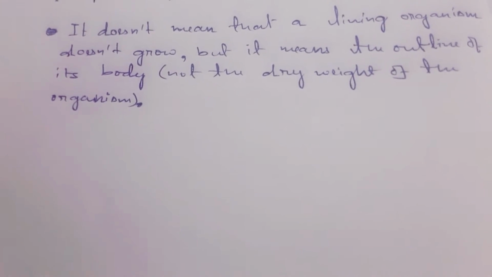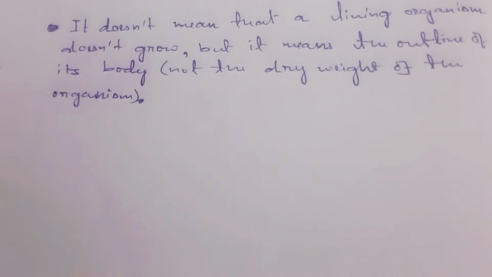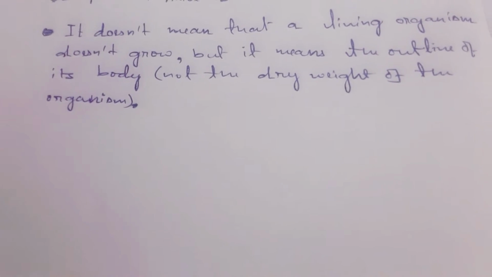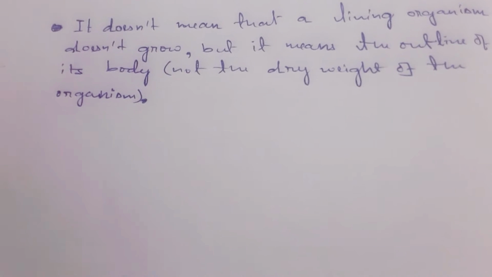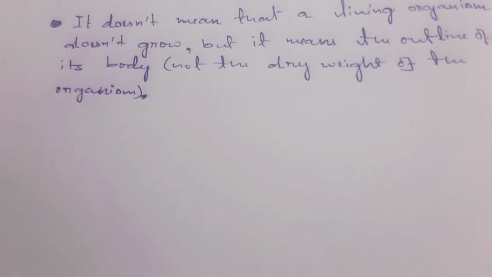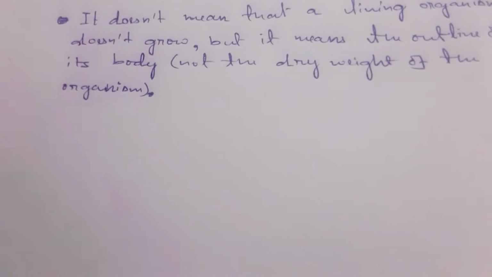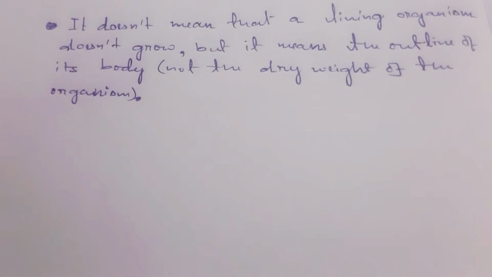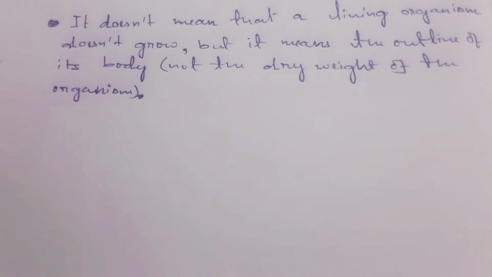The dry weight of the organism may change or may not change. It does not matter in this particular point, that is the definite form or shape, but you should not misunderstand that.